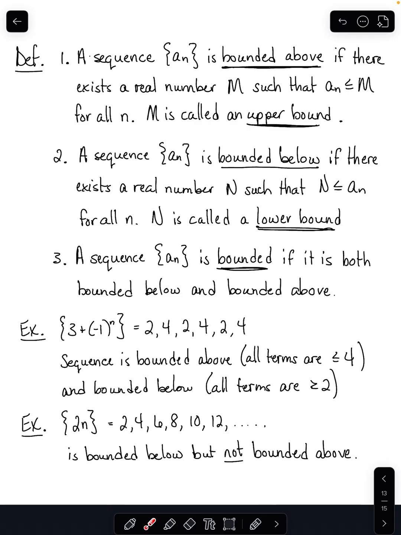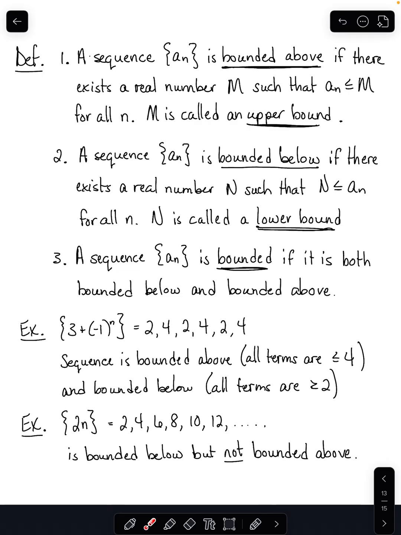The one that would make the most sense would be 4 itself, because that's the tightest we can get to it. We could say all the terms are less than or equal to 5, which is true. They are all less than or equal to 5. We could say they're all less than or equal to 10, which is true. They are all less than or equal to 10. But why would we go any bigger than we need to? 4 is a solid enough number to say all of the terms are smaller than or equal to 4.